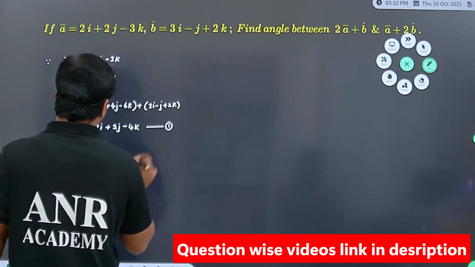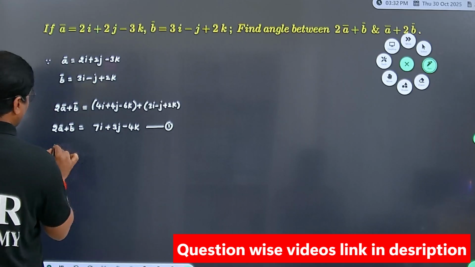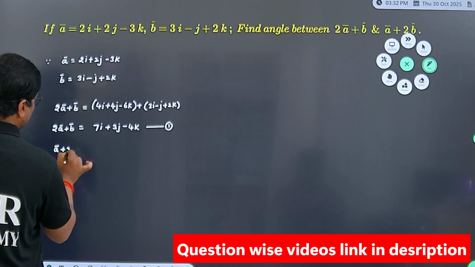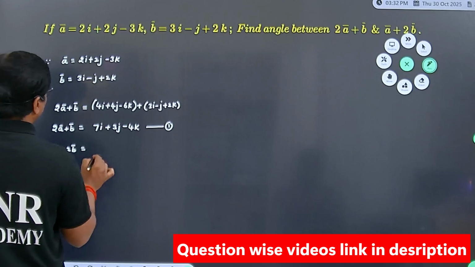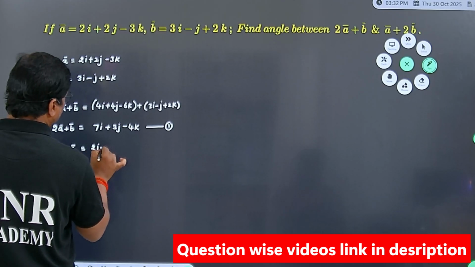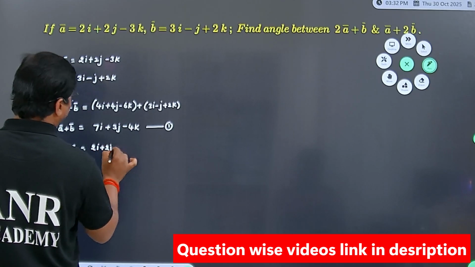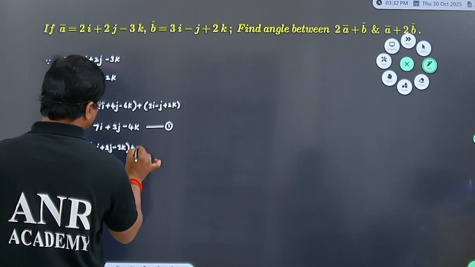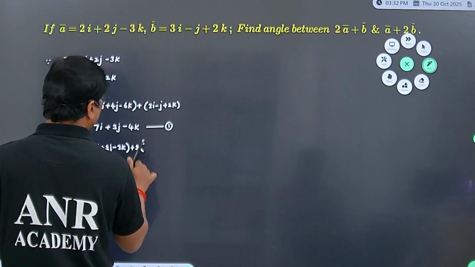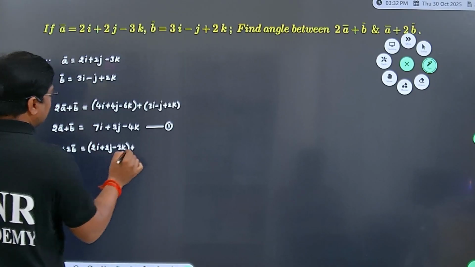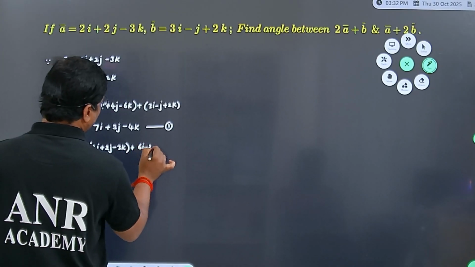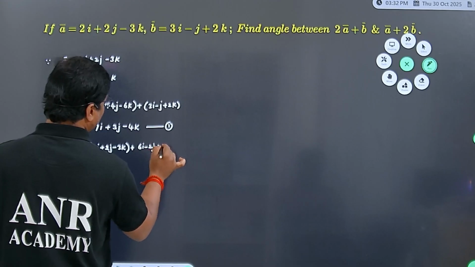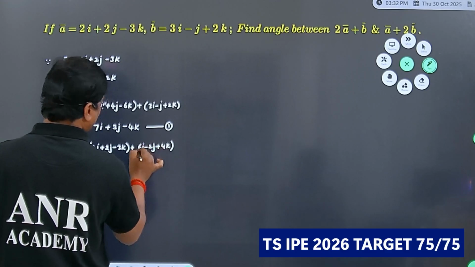This is first one. Move to the next one. a bar plus 2 times of b bar. You have a bar 2i plus 2j minus 3 times of k. Next plus 2 times of b bar. 2 times of b bar here 6i minus 2j plus 4k.